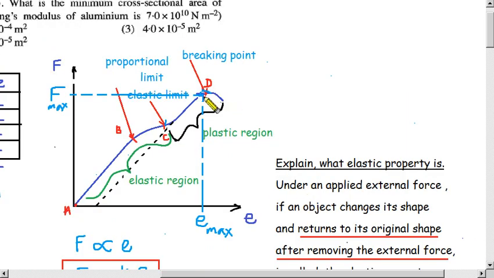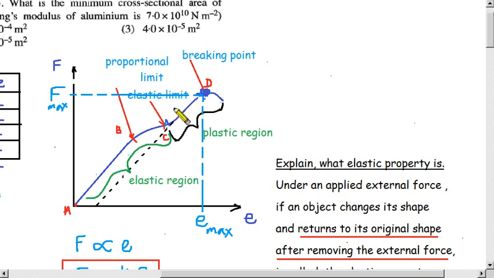So let us focus our mind on this breaking point. Now if you apply force from here, we are going upwards. If you apply too much force, you have passed even this elastic limit. We were discussing this elastic limit. Now you are applying more force to the wire, little by little.